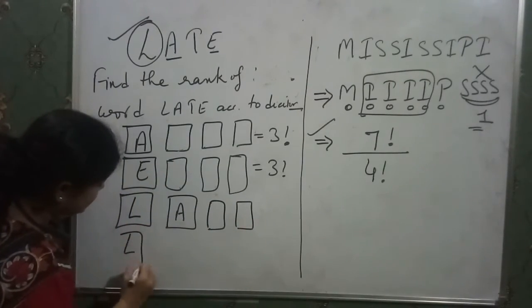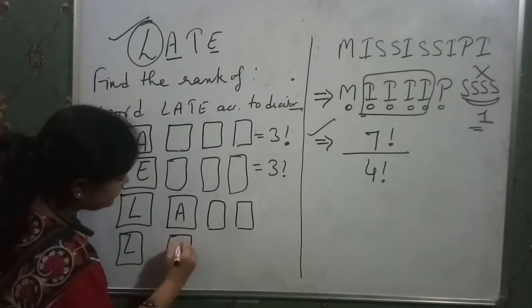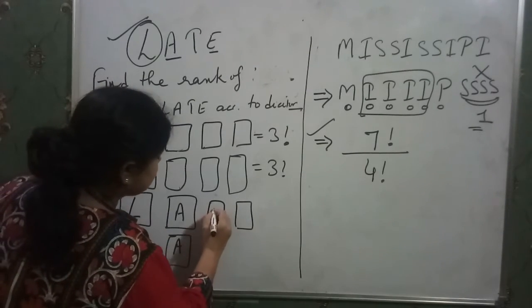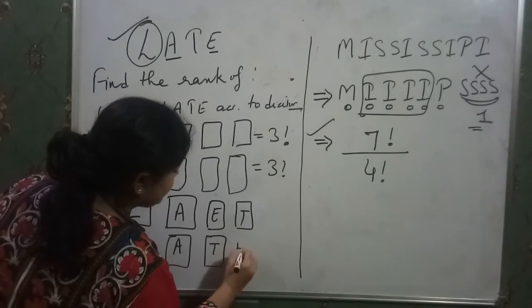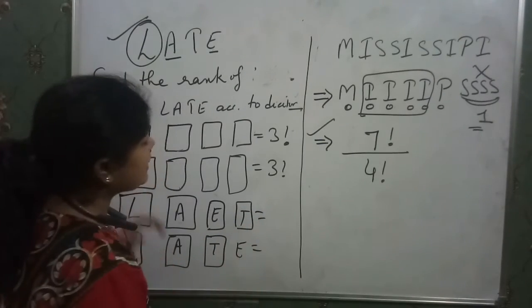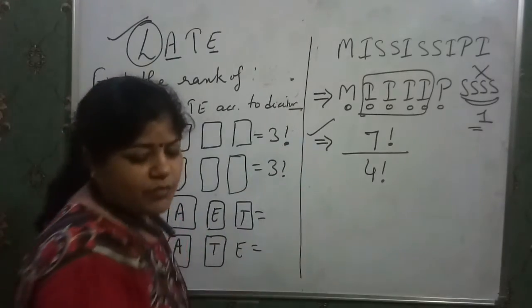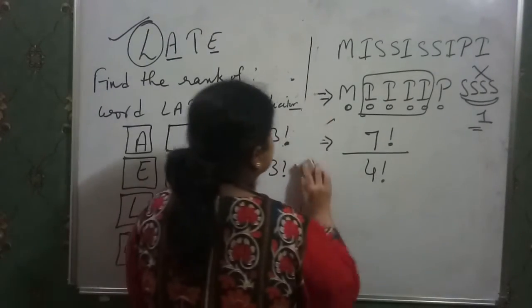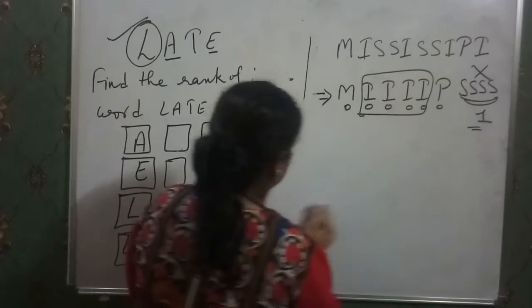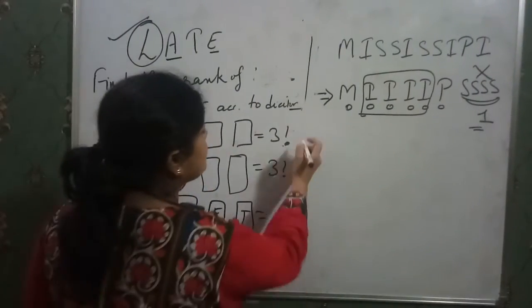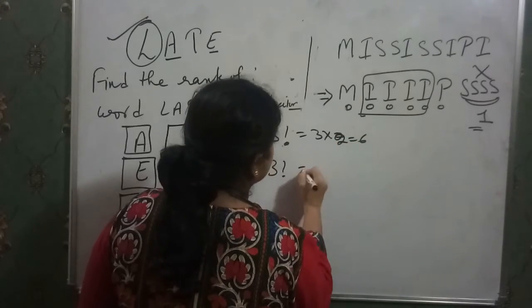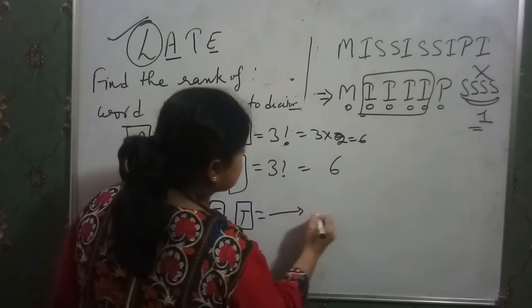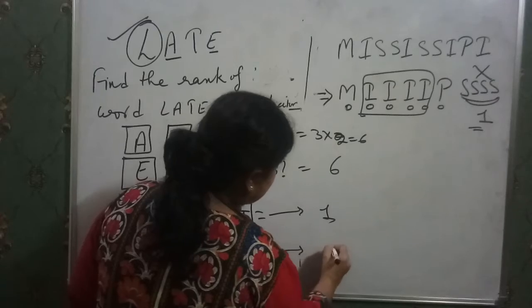So two words can be formed. This one is E and T and the last one is E and E. So its ranking becomes factorial 3, meaning what? 3 into 2. So the number of cases here is 3 into 2, that is 6, and here is also 6, and this case is 1 and this case is the last one.